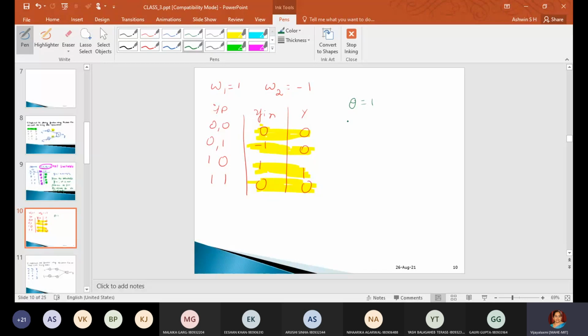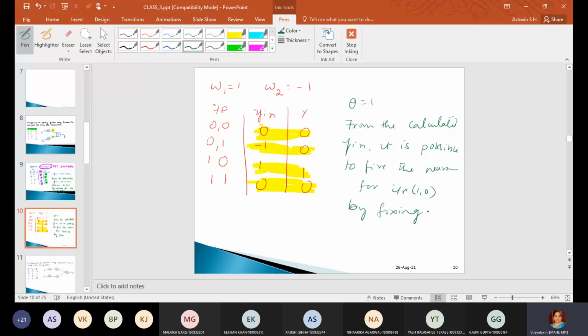So I can write here: from the calculated y in, it is possible to fire the neuron for input 1, 0 by fixing a threshold of 1. Threshold value theta is equal to 1.